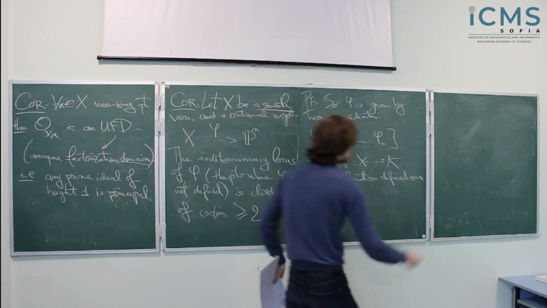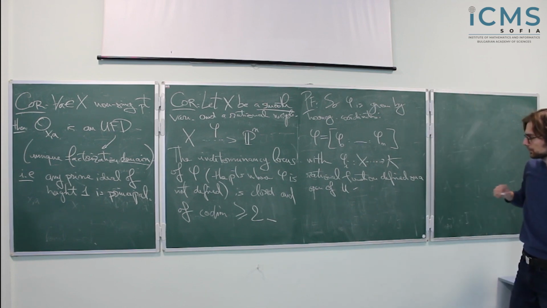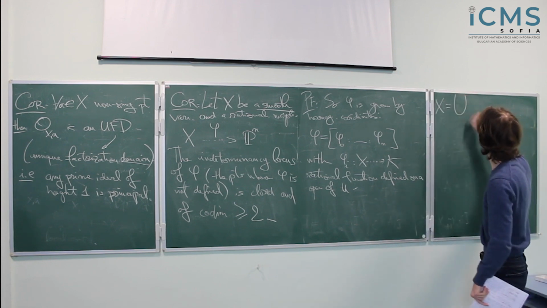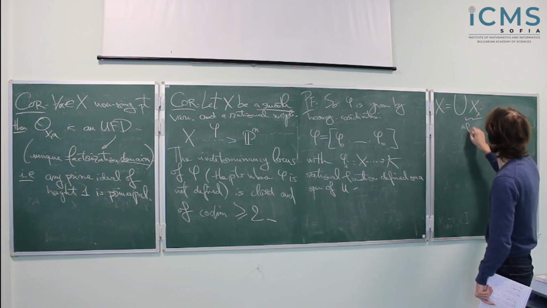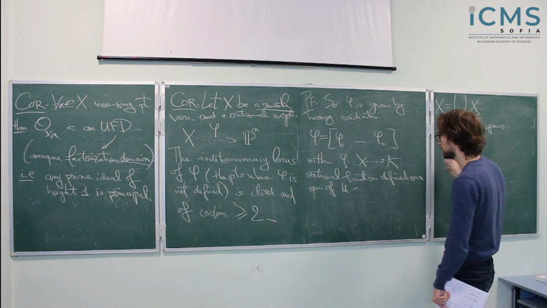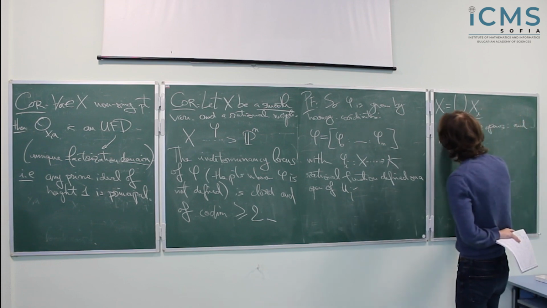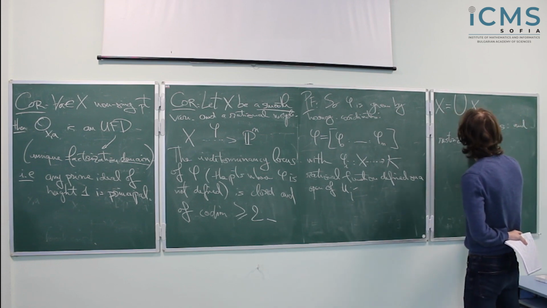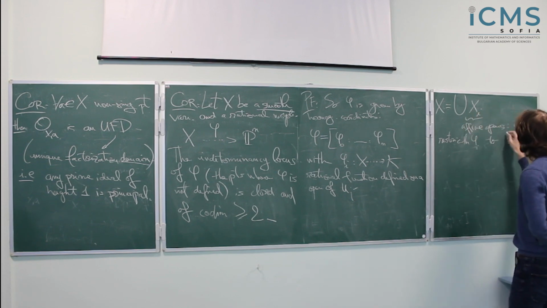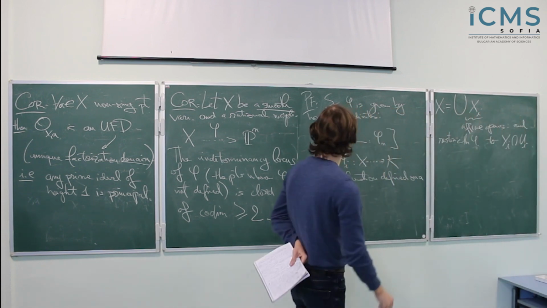Okay, sorry, it's sometimes difficult to manage these proofs. So we are going to cover X by affine opens, right? And restrict phi_i to U_i, like this.